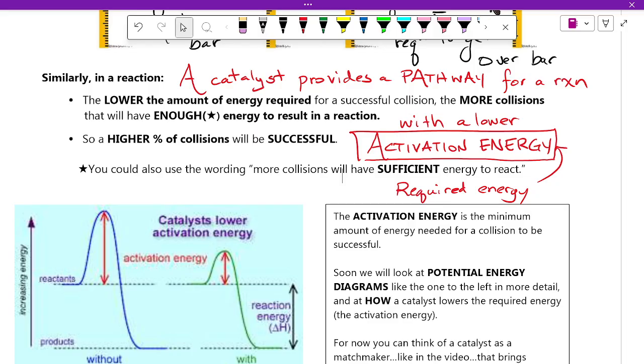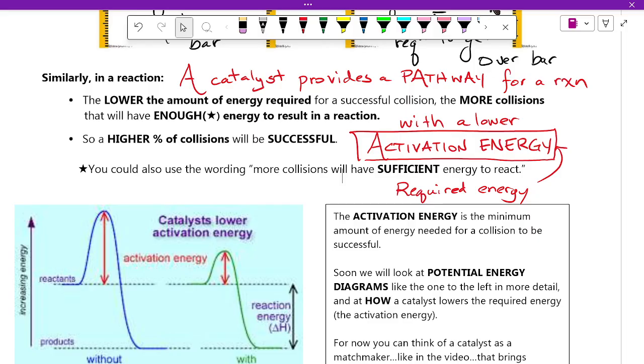Products have a different amount of potential energy. The reactants in this pathway have the same energy as the reactants in the second pathway, and the products are the same too. So this would be the same reaction, just going via different paths.